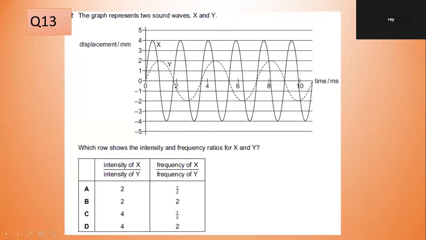One more after this. The graph represents two sound waves X and Y. Which row shows the intensity and frequency ratio for X and Y? It's a partial question.